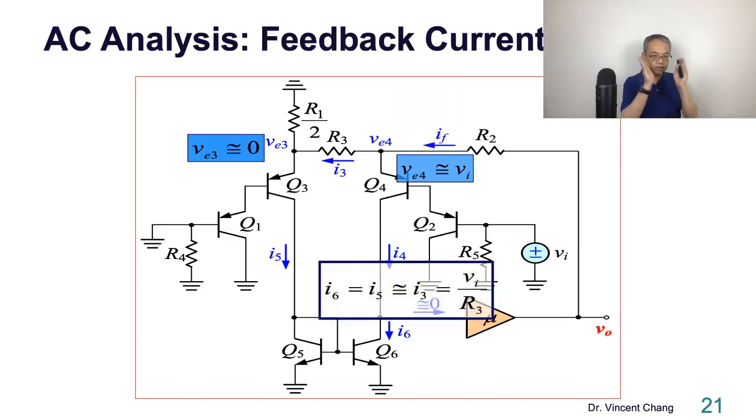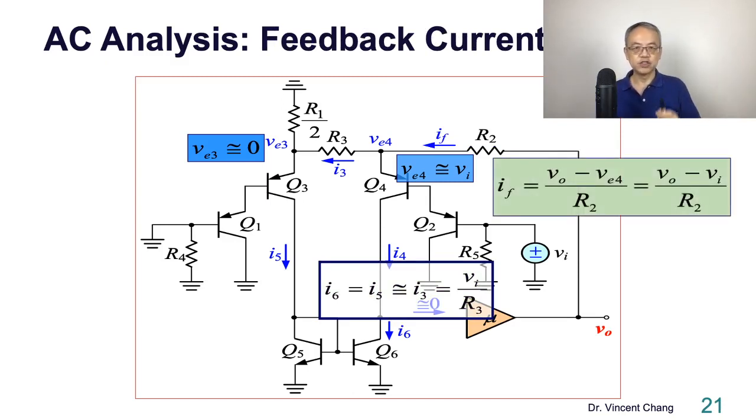So the second stage, let's focus on the feedback. The feedback current should be what? By Ohm's law, VO minus VI divided by R2. And then we can move forward to the blue node, the emitter of Q4.